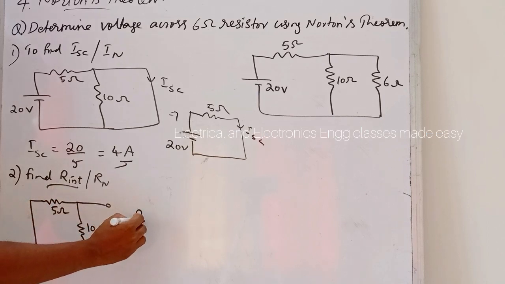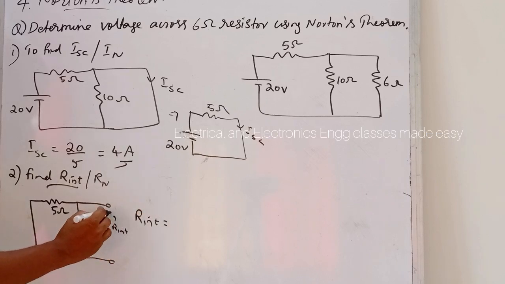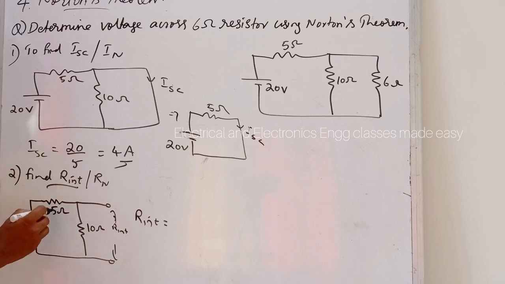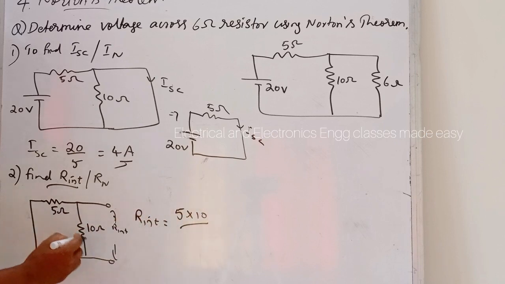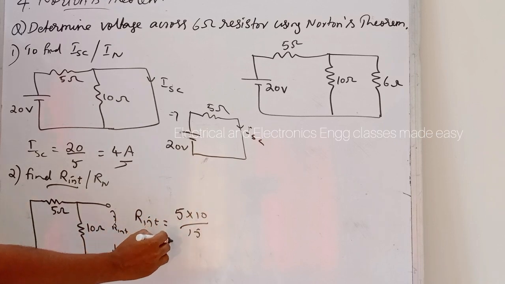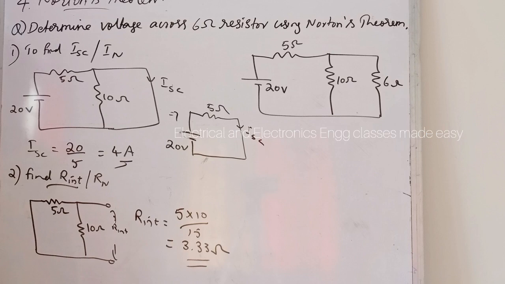Then what is R internal? R internal is equal to, these two resistors are in parallel. So we can write 5 into 10 divided by 5 plus 10, that is 15, and that is equal to 3.33 ohm. So R internal is equal to 3.33 ohm.